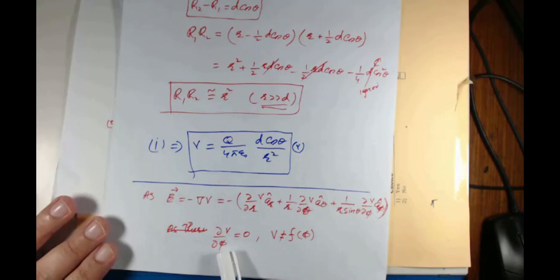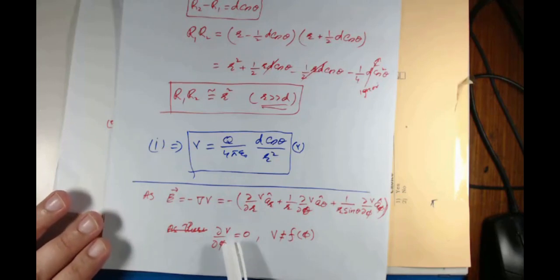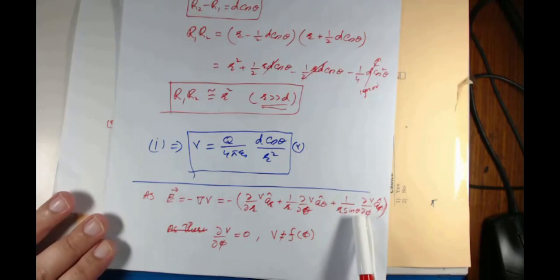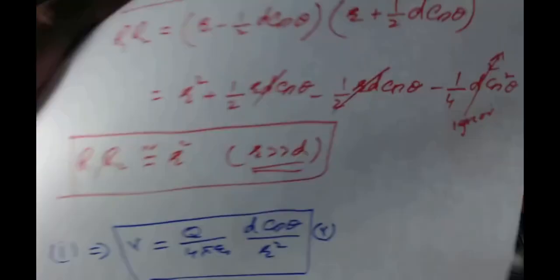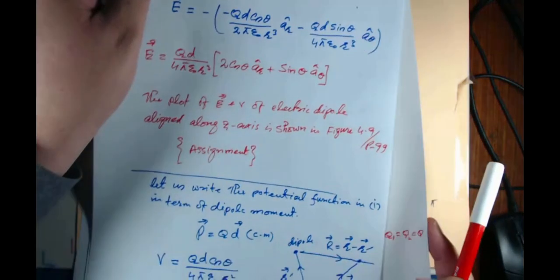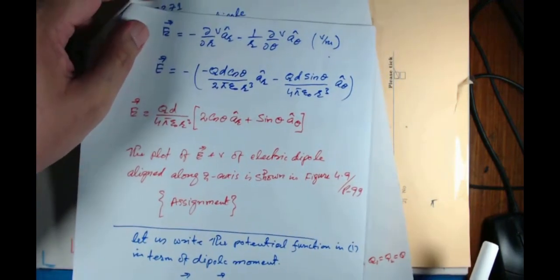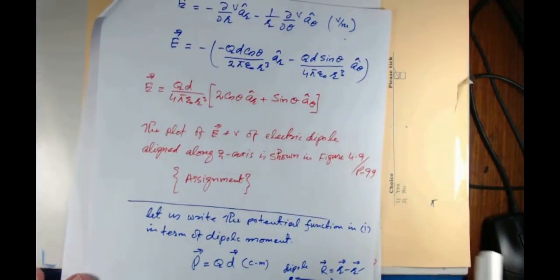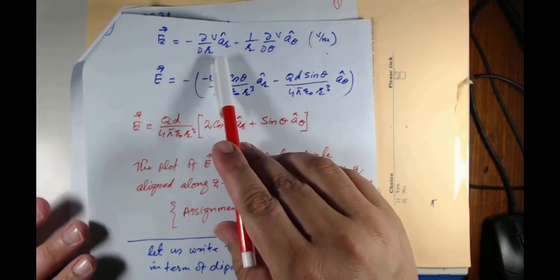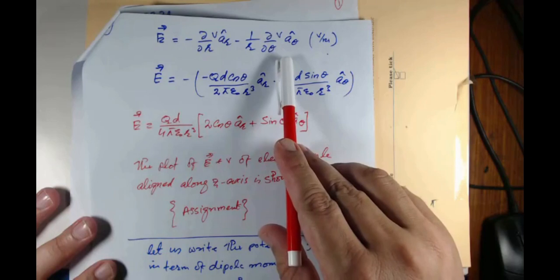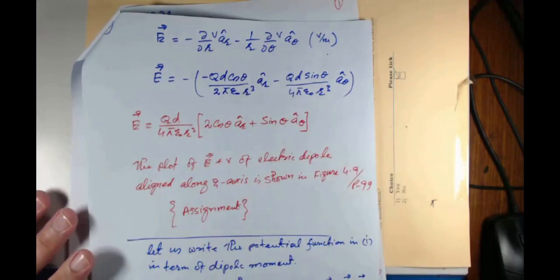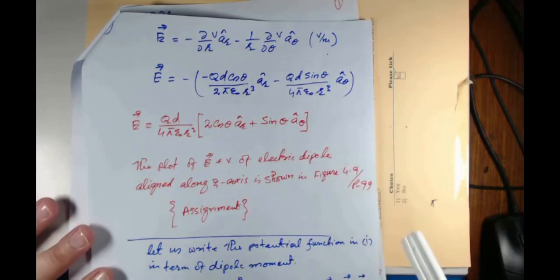Hence, the variation of the potential with respect to phi is equal to 0. So the last term vanishes, and we are left with only two components of the electric field, along the radial axis and the theta axis of the spherical coordinate system.